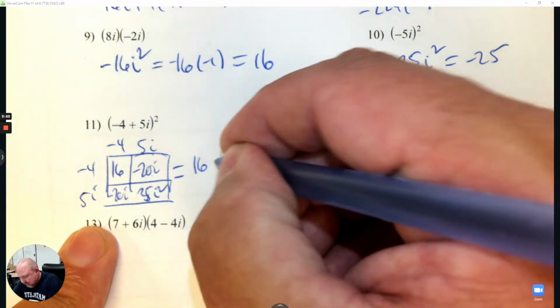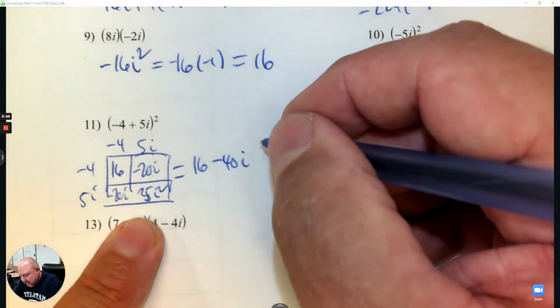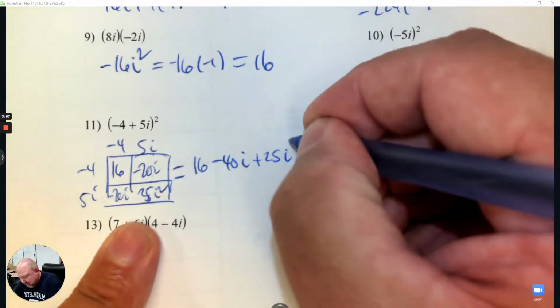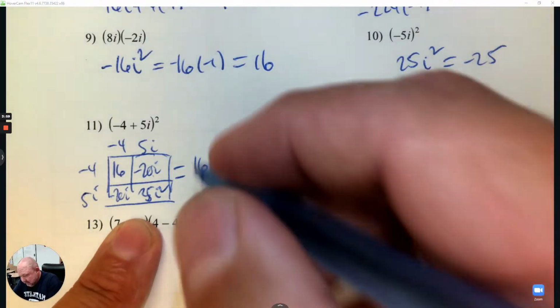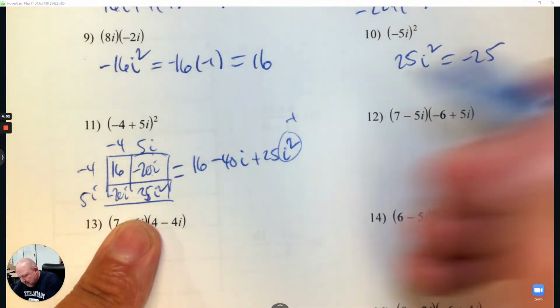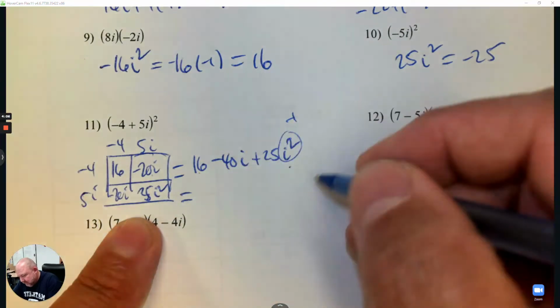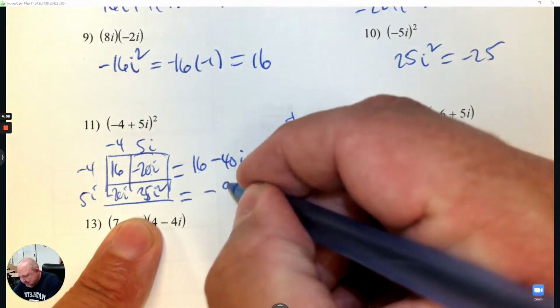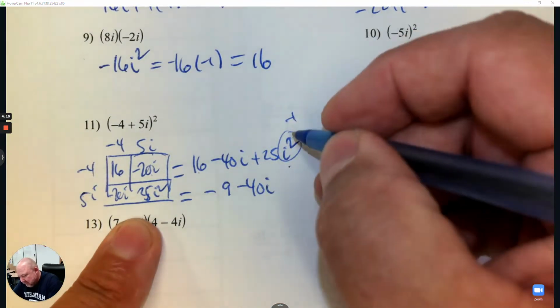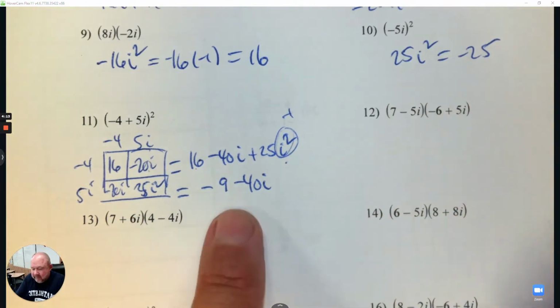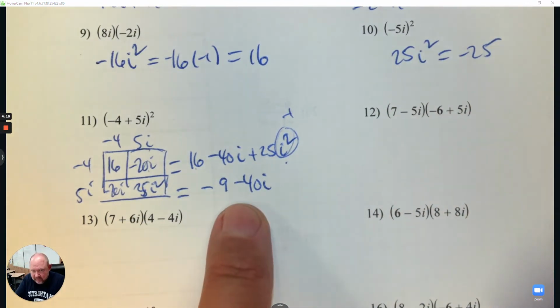So let's go 16, that's -40i, and this is positive 25i squared. But it isn't over yet, because i squared is -1. So really this is 16 take away 25. And 16 take away 25, that's -9. So be aware of that i squared, and then combine like terms, and that's your final answer.